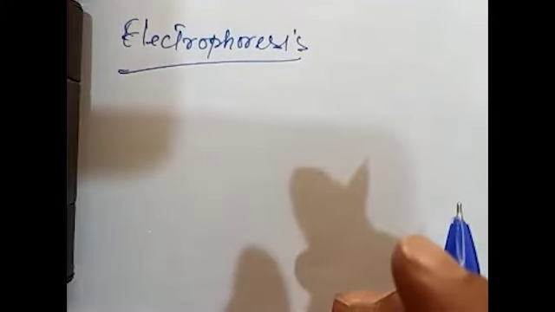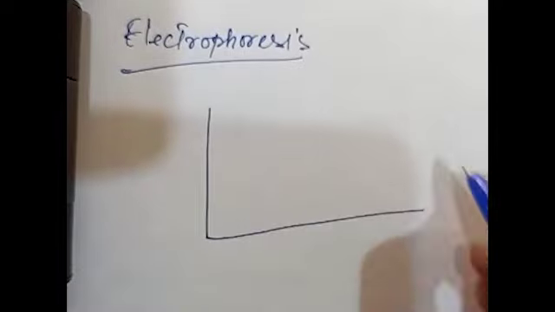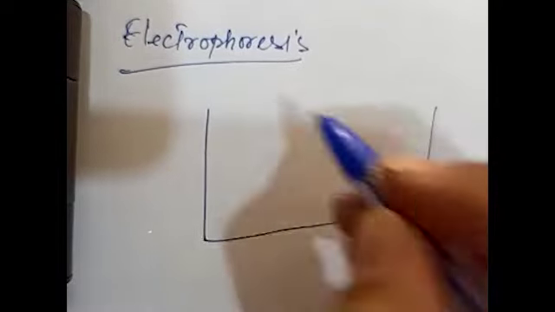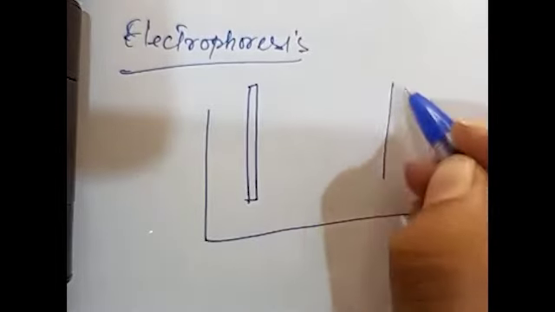So already we have discussed. Suppose you have taken a colloid in a vessel, and then there are two electrodes. One is the positive electrode, one is the negative electrode.